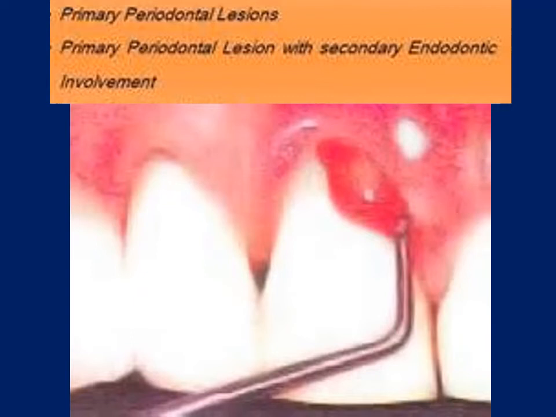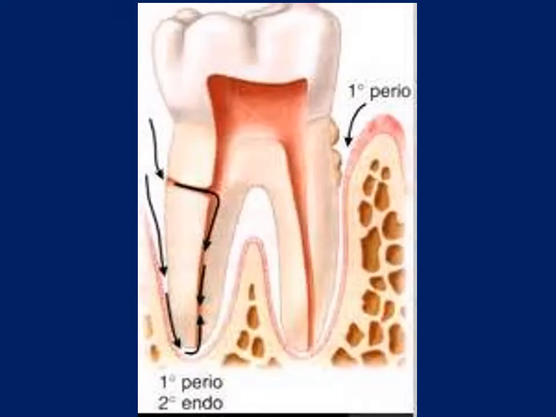Another type of endoperio lesions are the primary periodontal lesions. These lesions start periodontally. We can see them when we've got inflammation in the gingival area or swelling just below the gingival sulcus, and this is a cause. Through the gingival sulcus, the bacteria enters to make a periodontal problem with, of course, a lot of plaque and calculus.